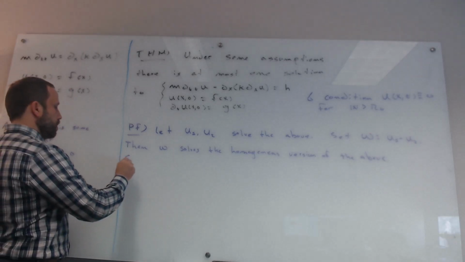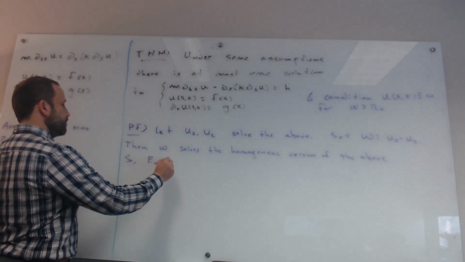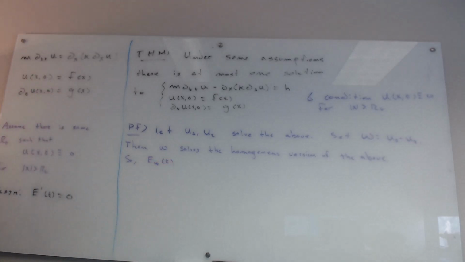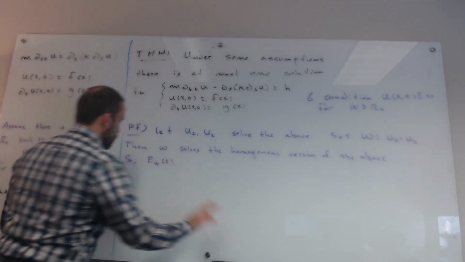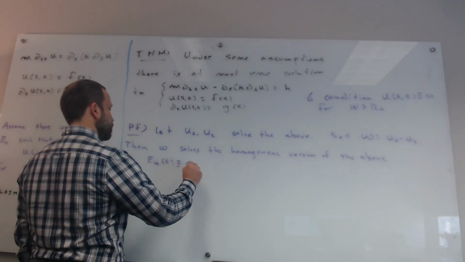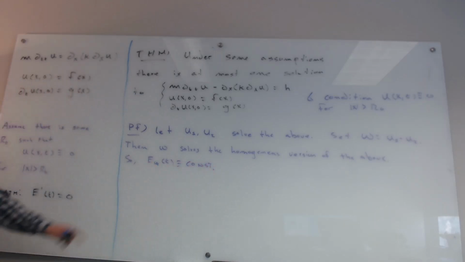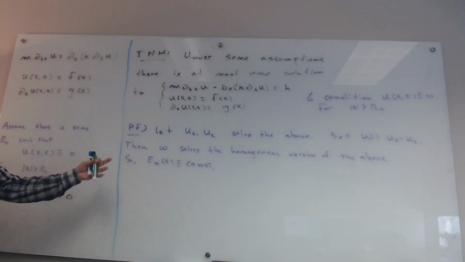So I'm going to say E sub w of t, that's the energy, is constant. When I say E sub w, it means the energy integral, but with w in there instead of u.